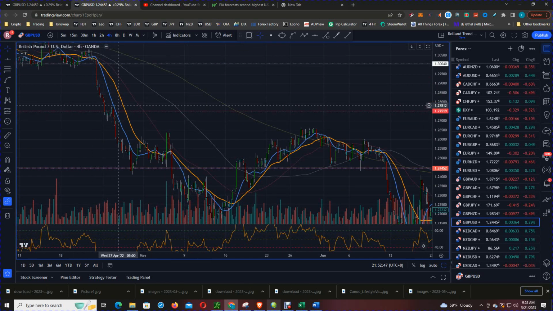That's this level right here. So price, if and when it hits this level, should just pause, but not reverse price.